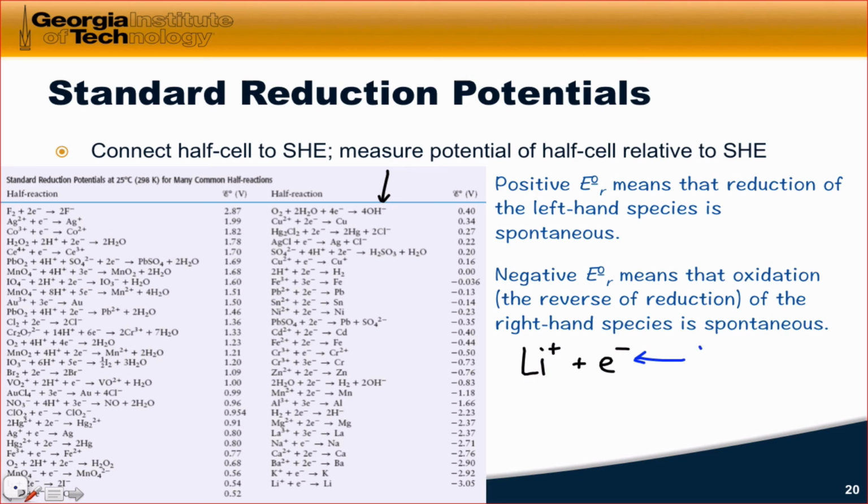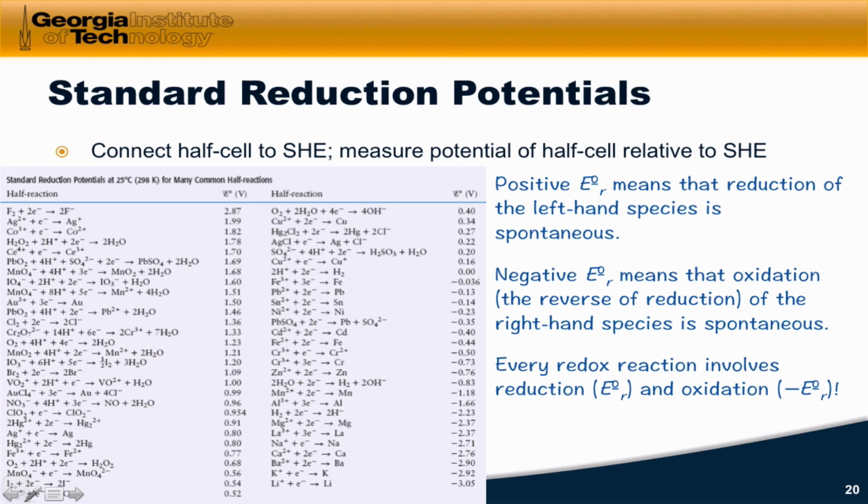Lithium metal wants to give up an electron to form Li+ and the electron. Does this make sense? Well, it should. Li+ is a relatively stable cation. Lithium is a metal on the far left-hand side of the periodic table, and we rarely see lithium 0 in any sort of reaction. That's because it spontaneously wants to give up its electron really badly to form a cation with a full valence shell and all that good stuff. So we can use electronegativity to rationalize this series to a large degree.